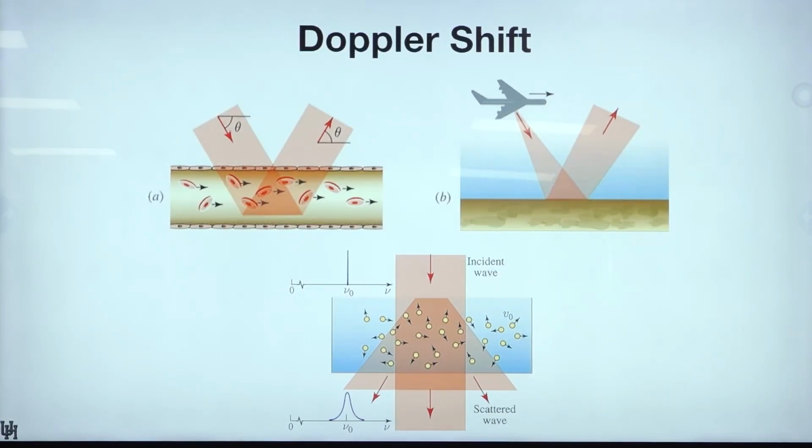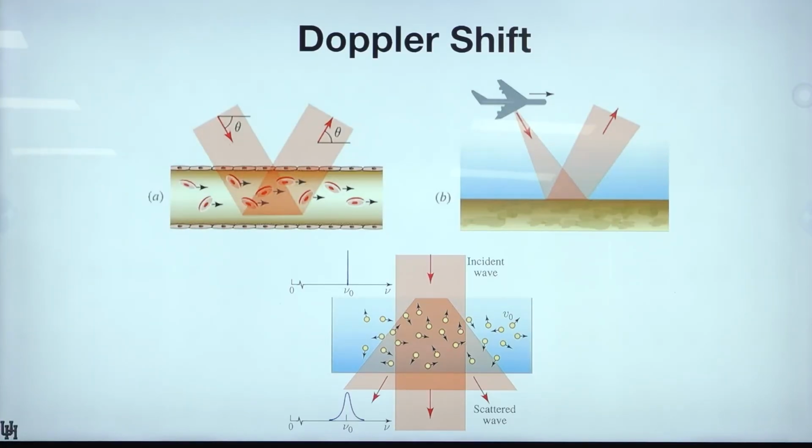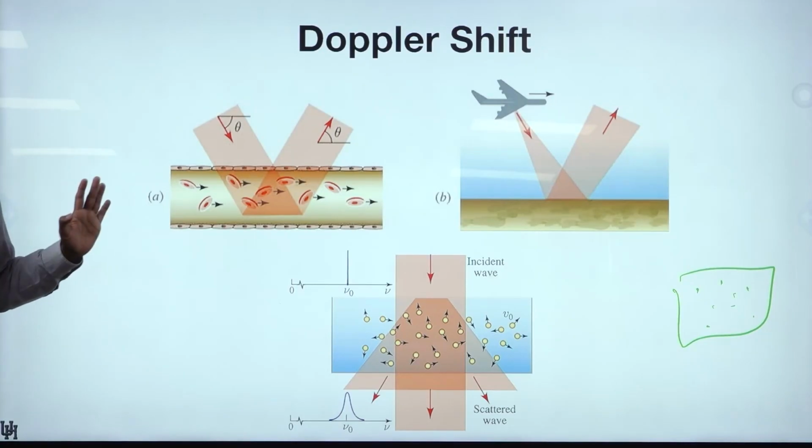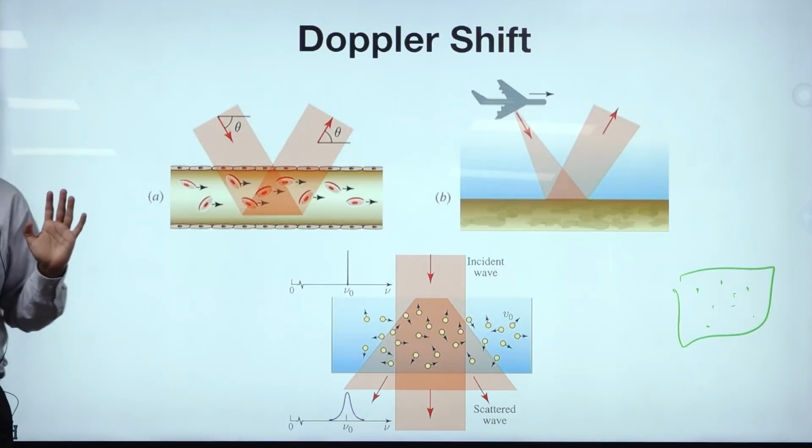It's a bit harder to do for light, although it's possible. In the previous case we considered static particles, meaning particles inside a medium at fixed locations, not moving. Now, what if they are moving?